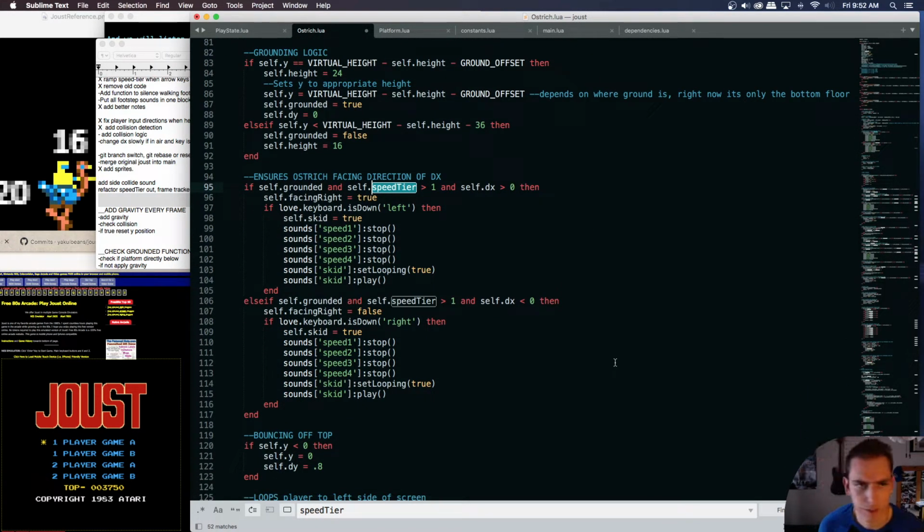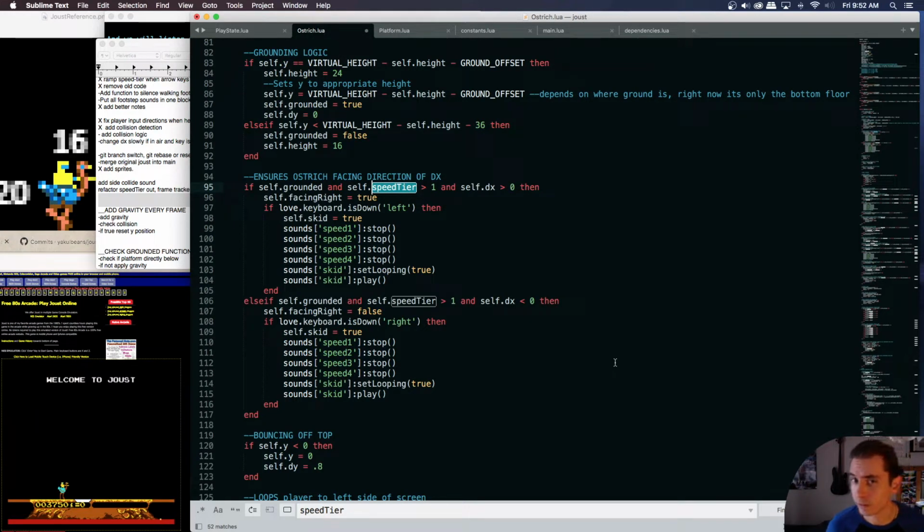My comment says ensures ostrich facing direction of dx. So it's saying, hey, if we're grounded and our speed tier is greater than 1, meaning 2 or above, which is the part that's kind of confusing me right now. 2 or above, and you're moving right, then set yourself facing right.